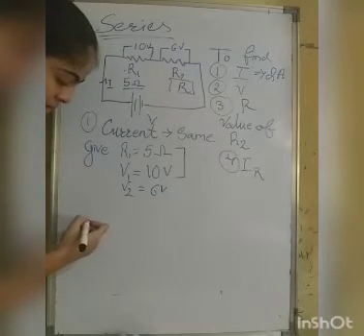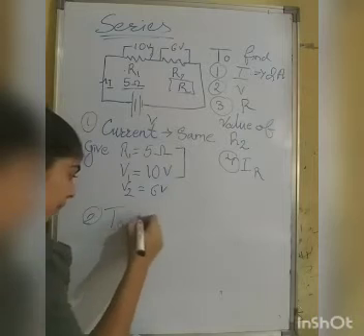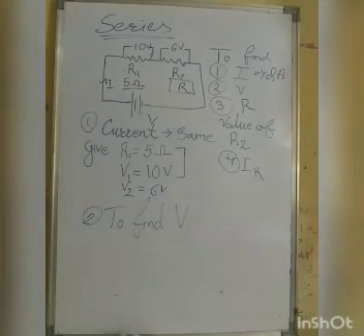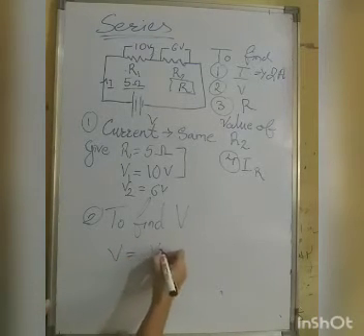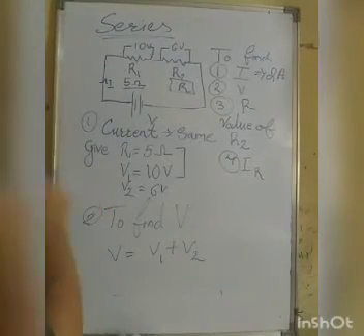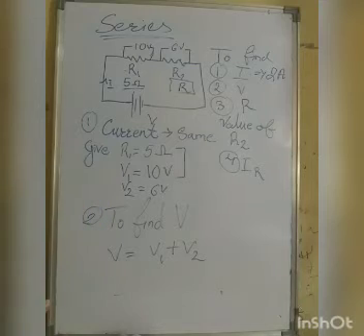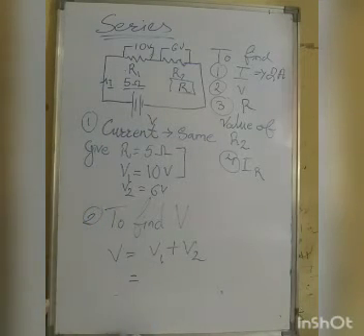For the second part, to find the voltage V, I wrote V equals V1 plus V2. Now just look at the given part. What is given to you? V1 is given, V2 is given. So you can easily find out V.